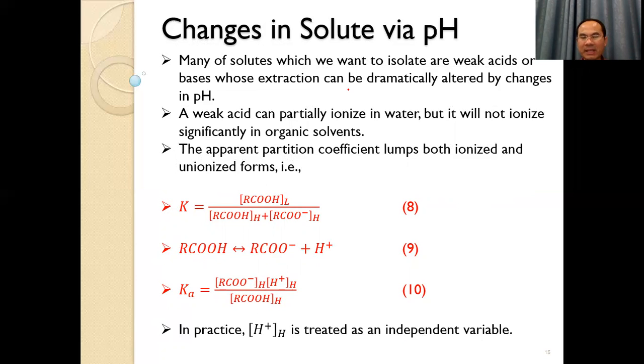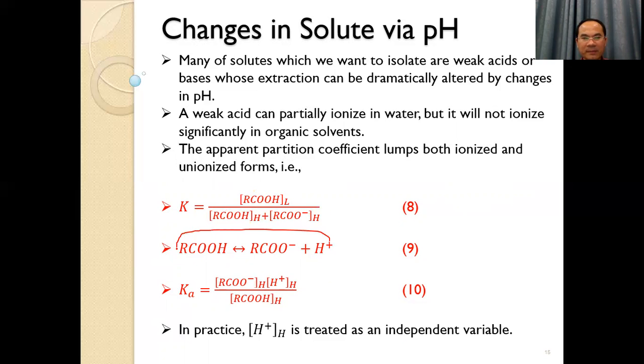For example, a weak acid can partially ionize in water, but it will not ionize in organic solvent. And then we can calculate the K value, or the partition coefficient. Is it the lump of both ionized and unionized form? The K value is the unionized form divided by the ionized form plus the unionized form of hydrogen ion.